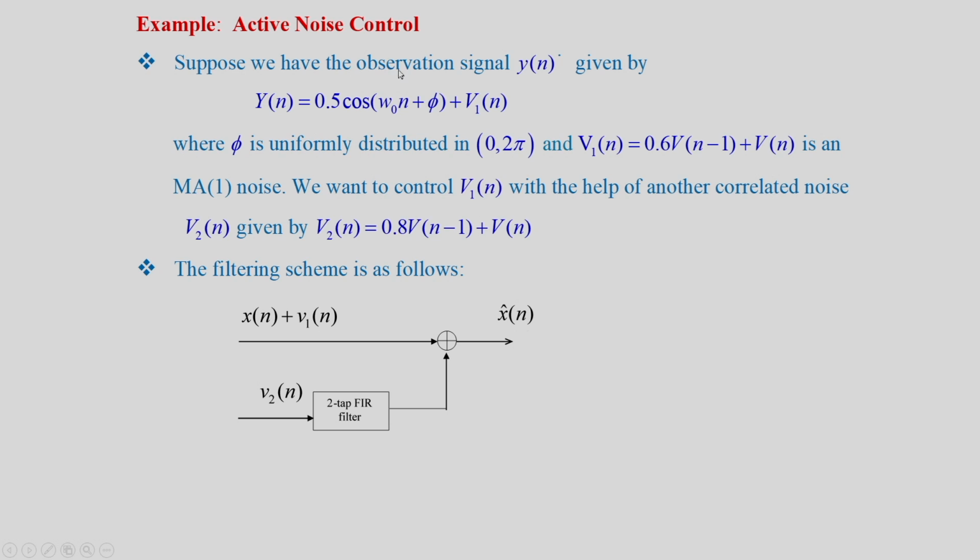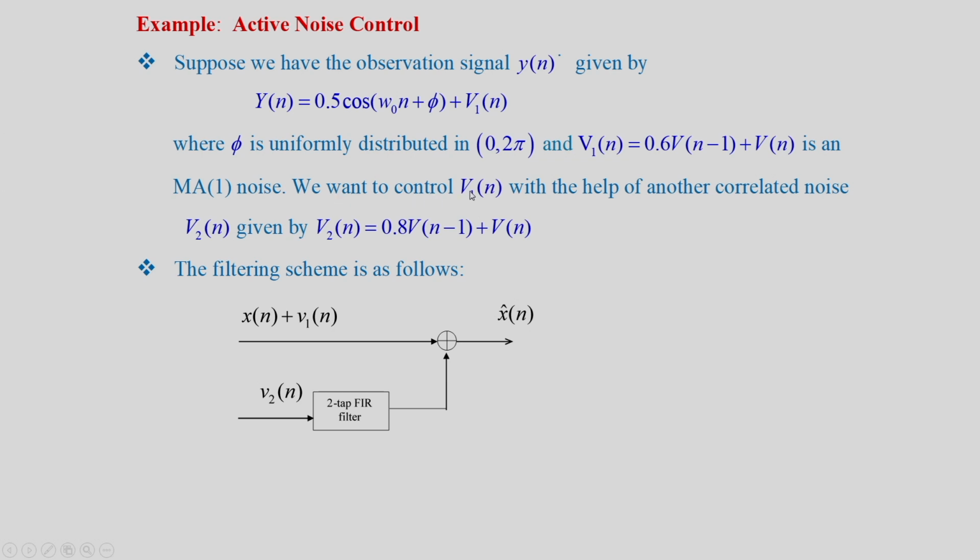Suppose we have the observation signal y(n) given by y(n) equal to 0.5 cos(omega naught n plus phi) plus v1(n), where phi is uniformly distributed in the interval 0 to 2 pi and v1(n) is equal to 0.6 v(n minus 1) plus v(n). This is known as a moving average model, MA(1) noise. So, the signal y(n) is a cosine function plus some noise.